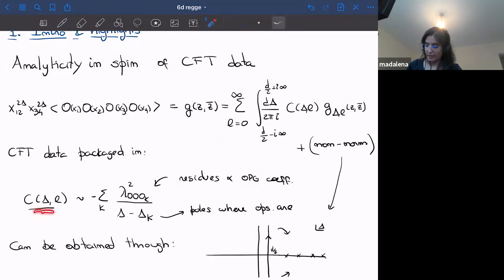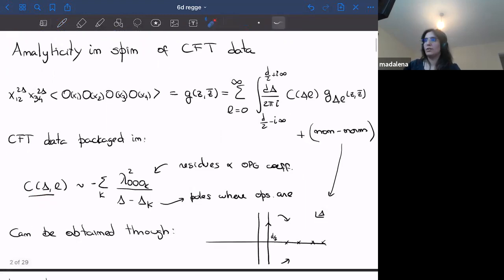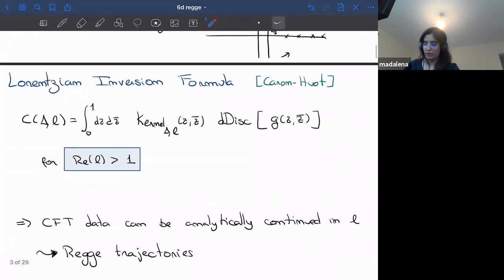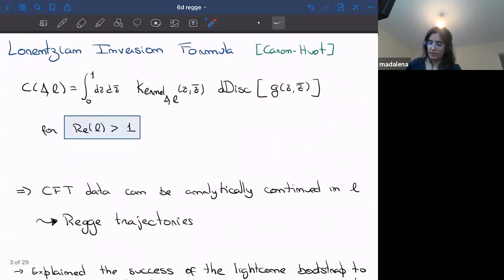So this function that nicely packages all the CFT data, Simon has shown us it can be obtained through a Lorentzian inversion formula that I wrote schematically here.